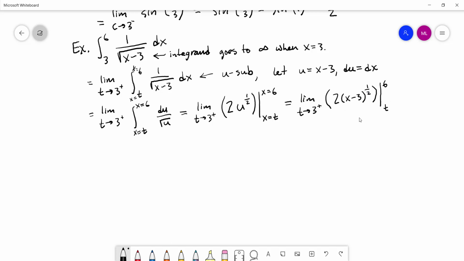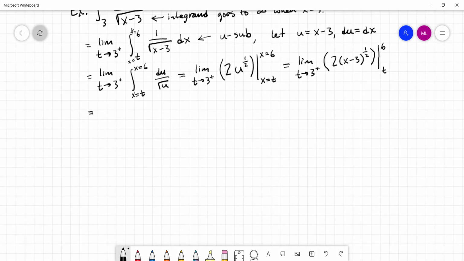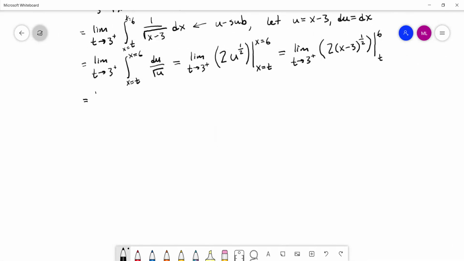Okay, so we'll actually plug in those two endpoints. I still haven't touched the limit yet. We're just plugging in 6 and plugging in t. And so the first thing I will get is 2. I'm going to change that 1/2 power to a square root of 6 minus 3, which is going to be root 3 overall.